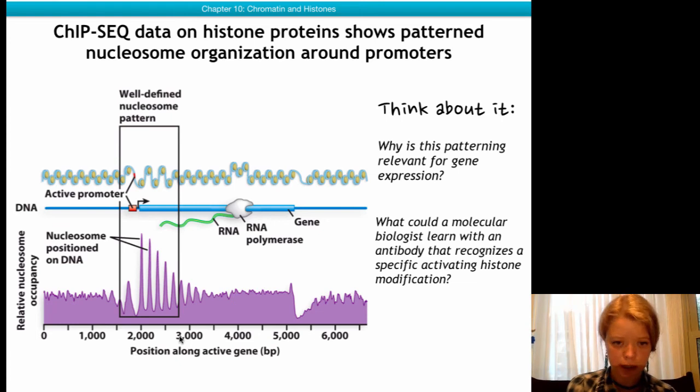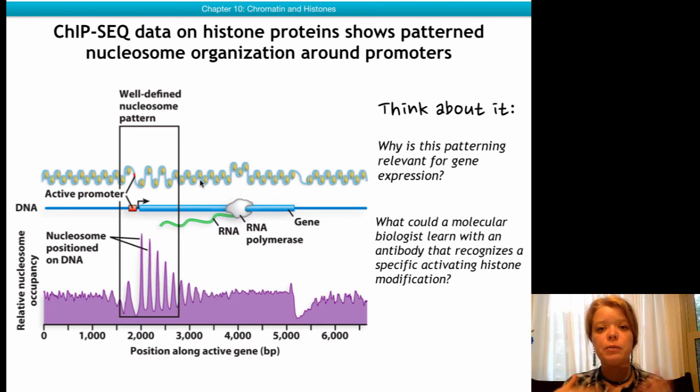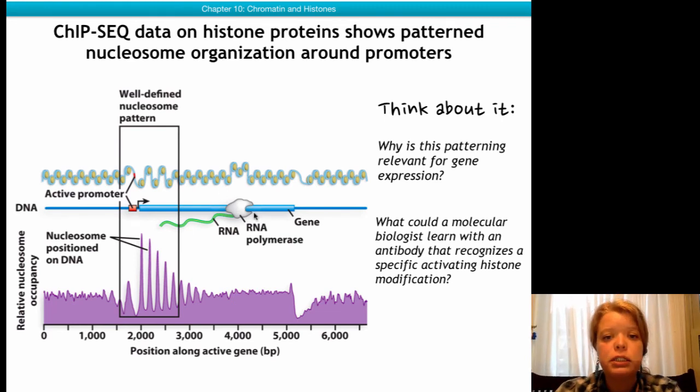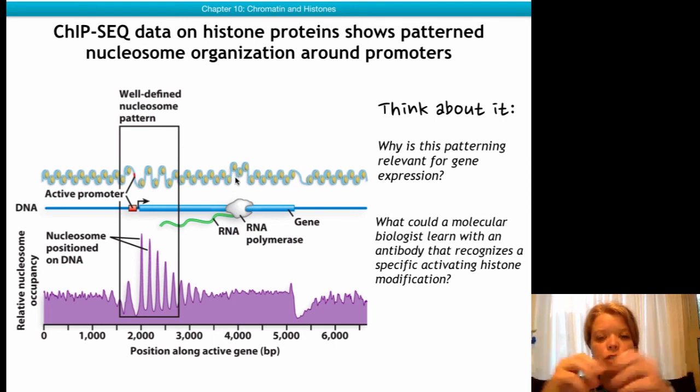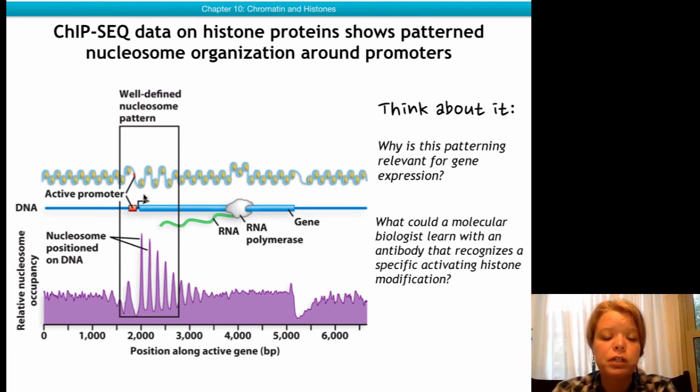So you see here that this is the positioning of the different nucleosomes on the DNA as the RNA polymerase moves through and makes RNA. Hopefully we'll get to that subject next week. You can see that when the RNA polymerase is actively on top of the two nucleosomes, these particular locations where the RNA is being made are opened up and stretched out. And then the promoter region is also definitely opened up.